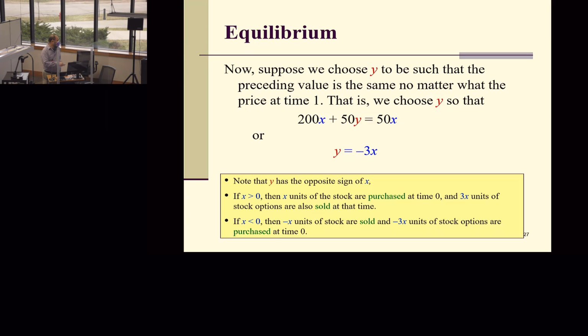If X is greater than 0, we are purchasing stock. If X is less than 0, I'm short selling stock. Understand what I'm trying to say? So every 3 units of X equals the number of Y you're going to purchase or sell. Same thing, if Y equals a positive number, I'm purchasing this call option. If Y equals a negative number, I'm selling the option.